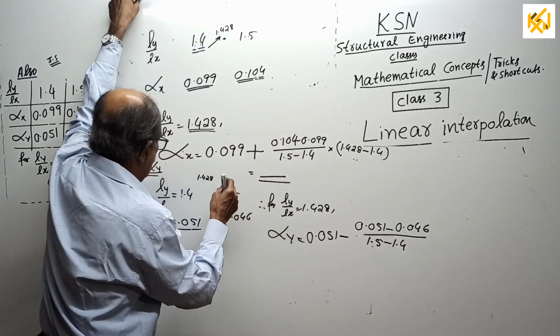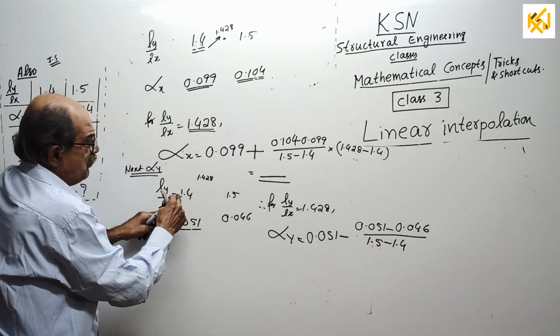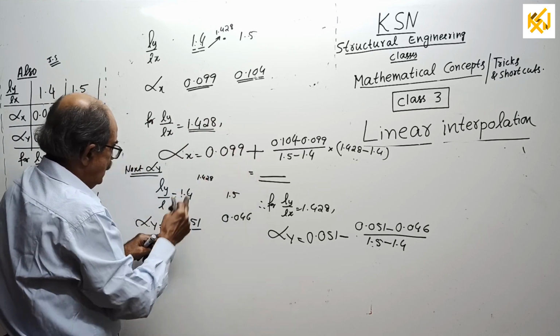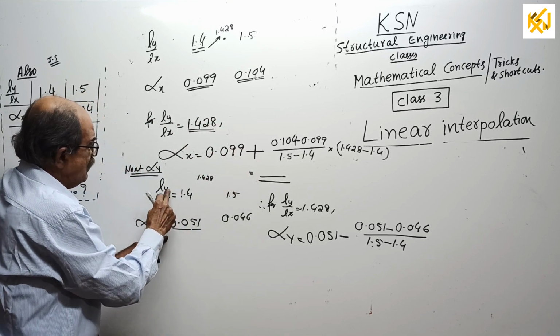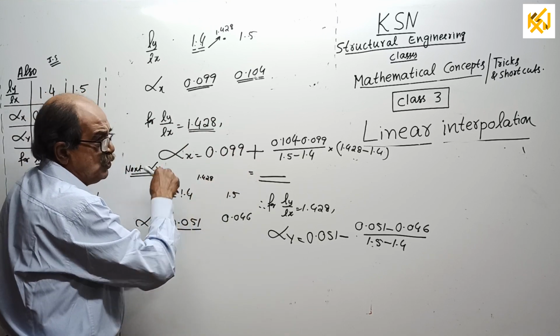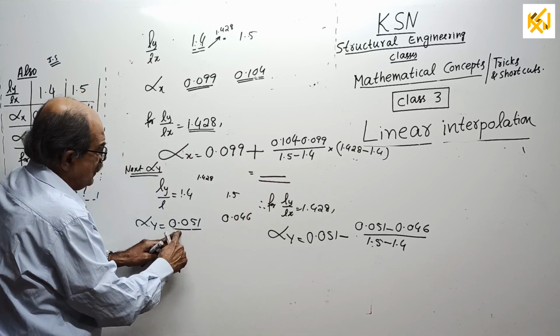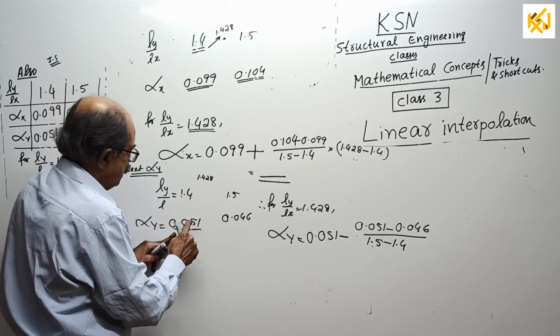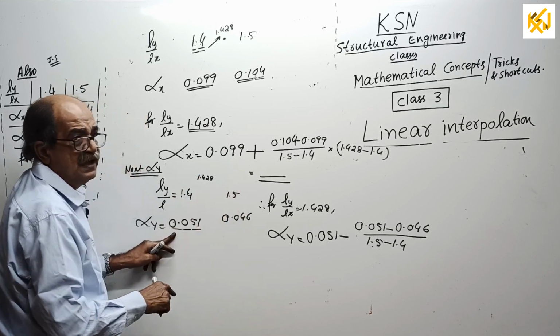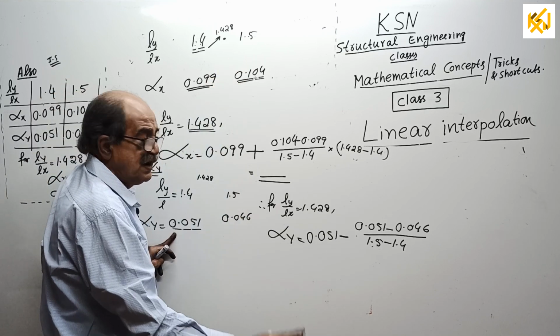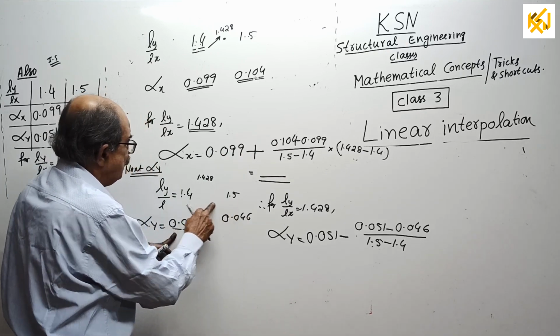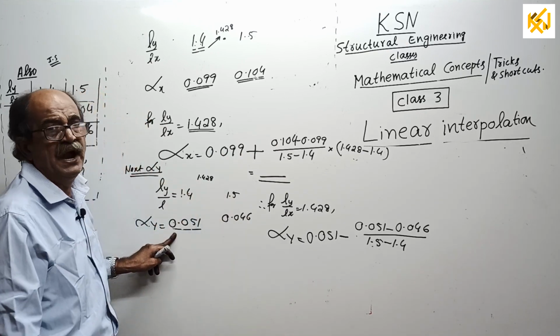That is, when Ly by Lx goes from 1.4 to 1.5, alpha y will reduce from 0.051 to 0.046. So 0.051 minus 0.046 is the total reduction for a range of 1.5 minus 1.4, which is 0.1.